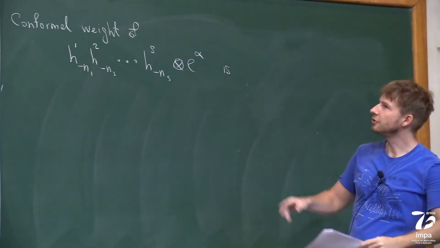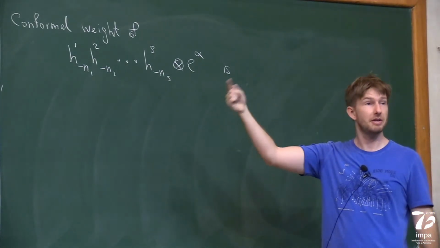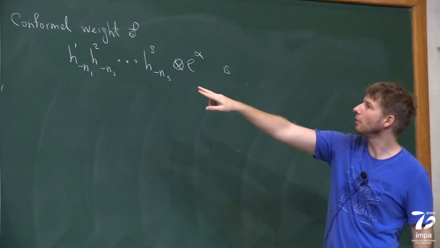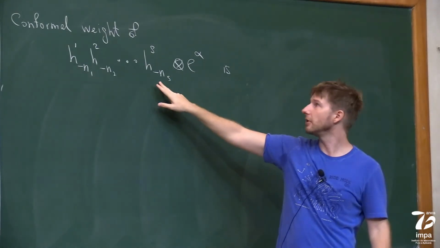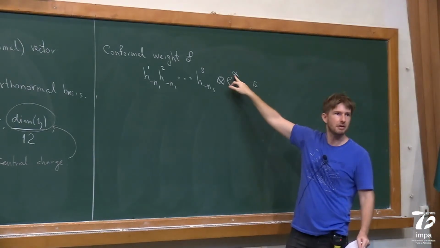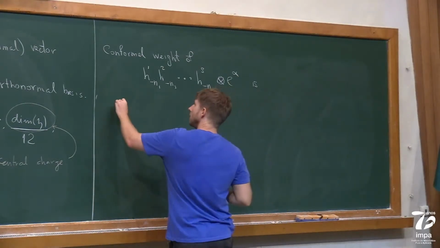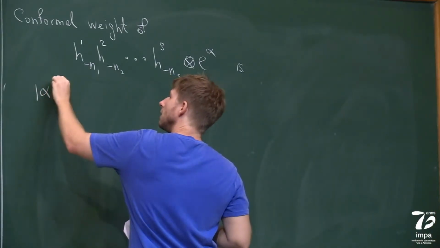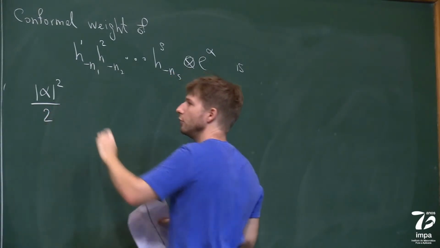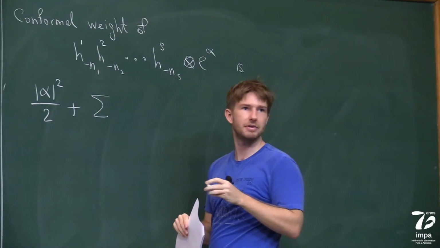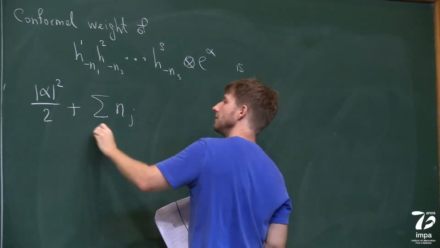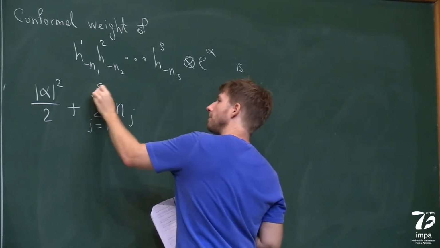And generalizing a calculation which I did in the last lecture, consider the conformal weight of some random monomial in the Heisenberg algebra times e to the alpha. It is given by half the norm of alpha plus the sum of these indices, well, negative the sum of these indices. Okay?